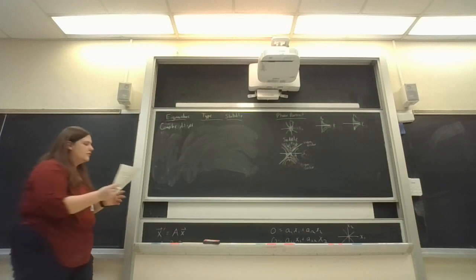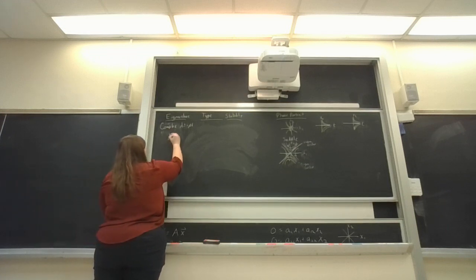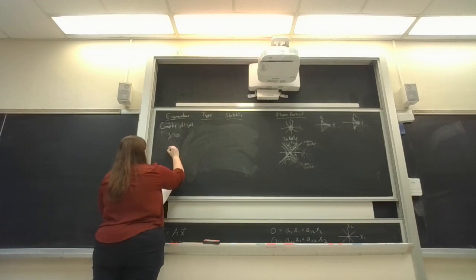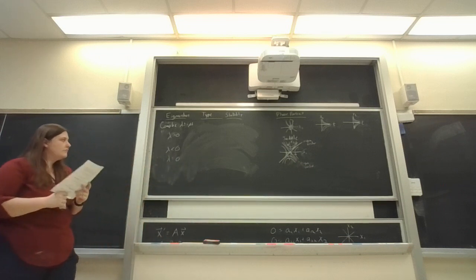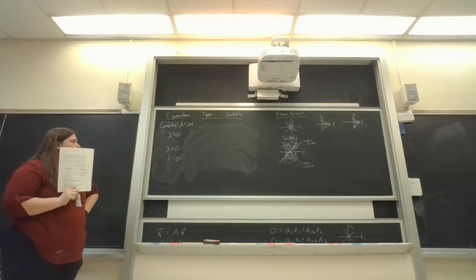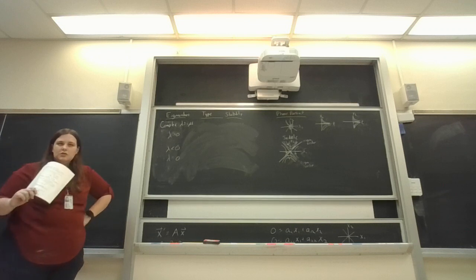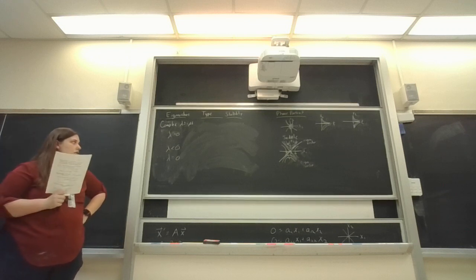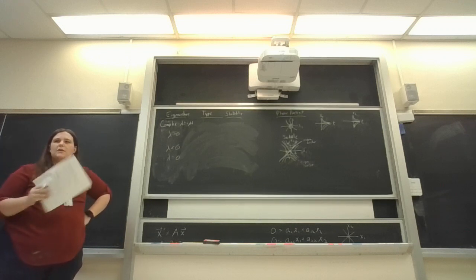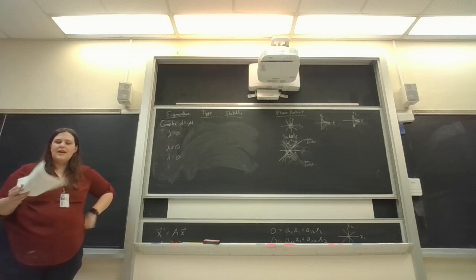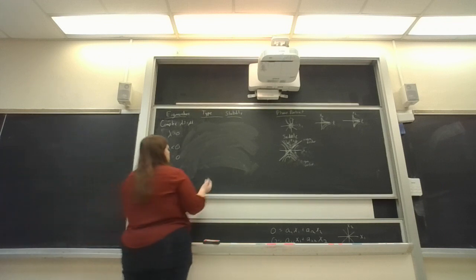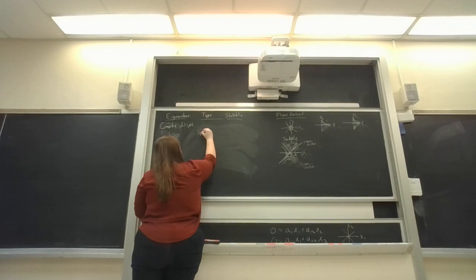The real part. So our real part can be positive, it can be negative, and it can be 0. What was special about our equilibrium value, or what was special about the graph? Yeah, it's spiral. So instead of just calling it a node, we actually call it a spiral point.